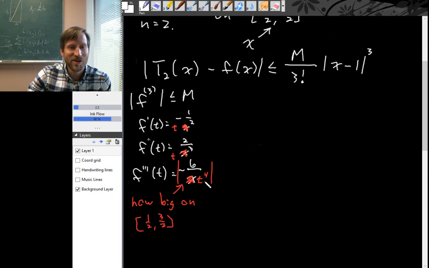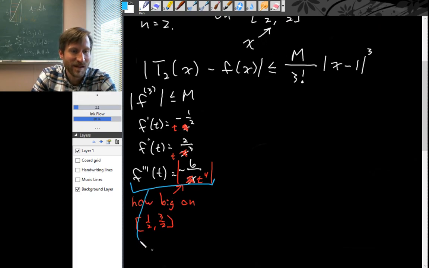This is the reciprocal of a power, so this fraction is going to be biggest when the denominator is smallest, and on this interval, it's smallest at 1/2. So the biggest this thing gets is at 1/2.